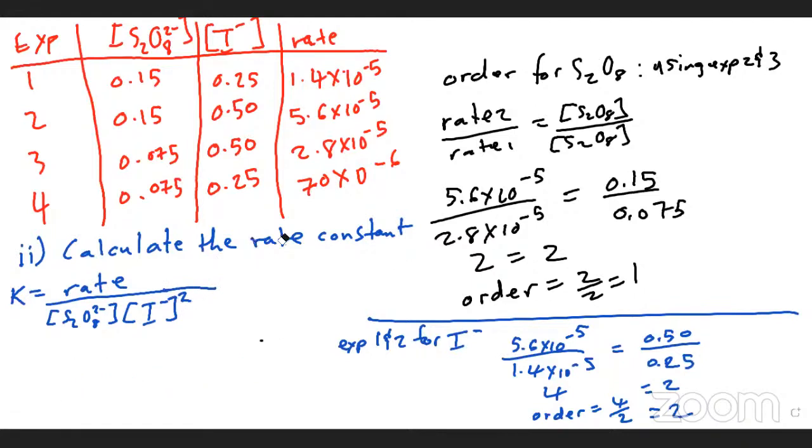So again, when you're calculating K, you can pick any experiment. I'm going to pick experiment 1. So the rate for experiment 1 is 1.4 times 10 to the minus 5 divided by 0.15 times 0.25 squared.